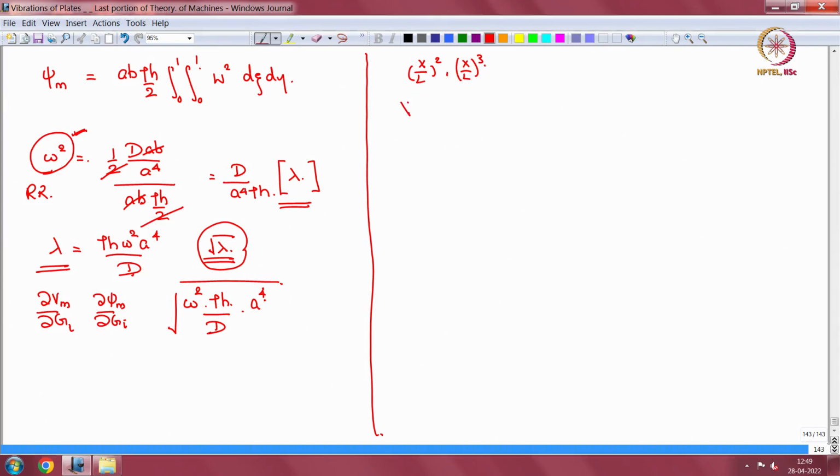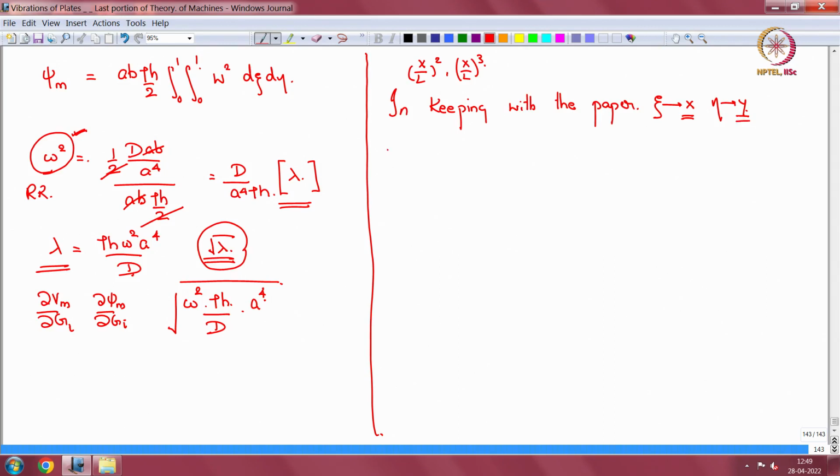Let me do one more thing, in keeping with the paper, so that students do not get confused. I will switch back to xi as x and eta as y. So, x and y are the non-dimensionalized variables, that is how the author uses it.